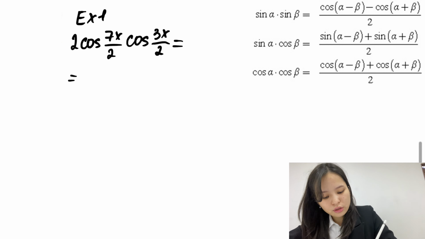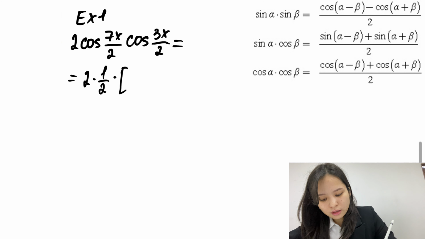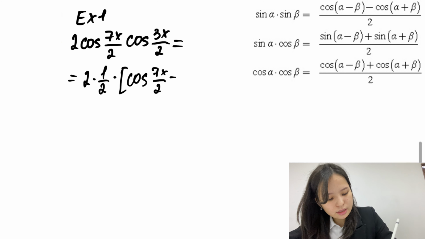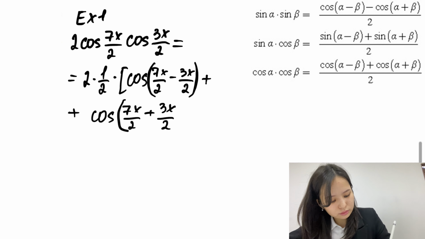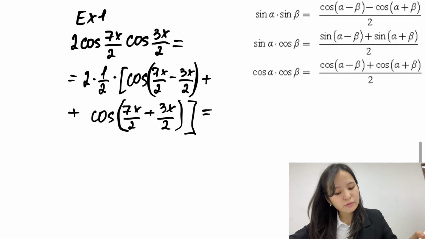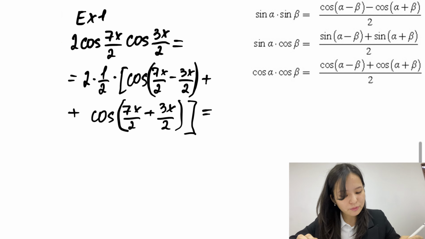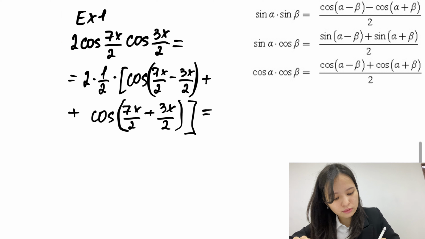It will be equal to 2 times 1 over 2 multiplied by cosine 7x over 2 minus 3x over 2 plus cosine 7x over 2 plus 3x over 2. Let's simplify this example. 2 multiplied with 1 over 2 will be equal to 1.